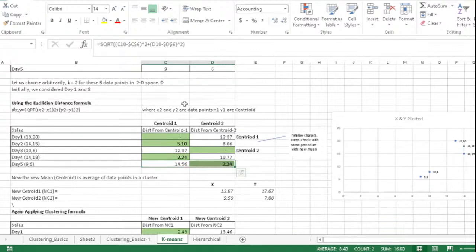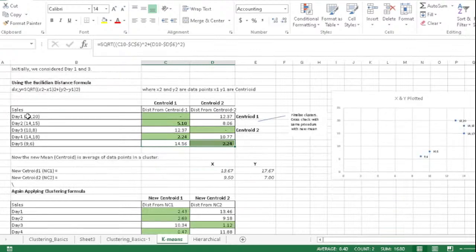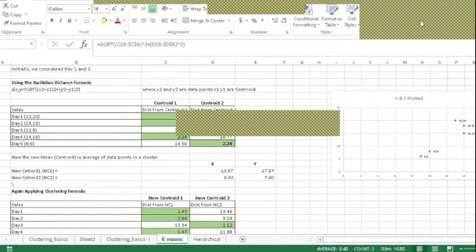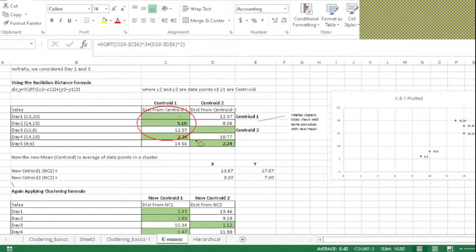Now my new clusters become 1, 2, and 4. Are you getting it? So 1, 2, and 4 become one cluster, and 3 and 5 become the other cluster. Is this point clear?